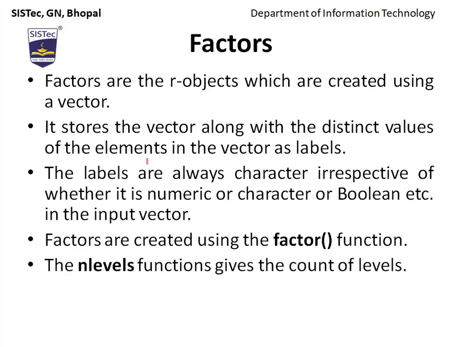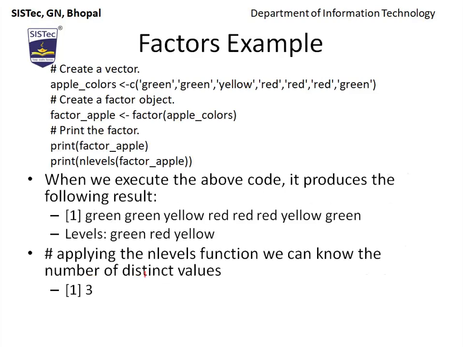To use those categories, factors are used. We'll see this in an example. Labels are always character irrespective of whether the input is numeric, character or boolean. Factors are created using the factor function, and there is also an nlevels function to identify the number of labels or count of labels. Let's see an example.